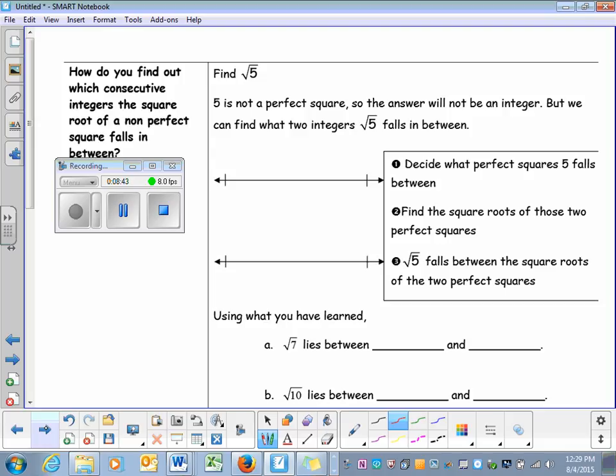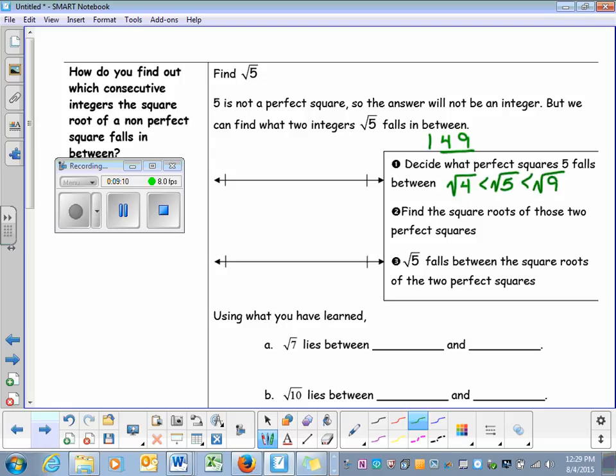Square root of 5. Okay, so we're trying to decide which two perfect squares 5 falls between. And I like to write my perfect squares down. So 1, 2 times 2 is 4, 3 times 3 is 9. Okay, right there. So the square root of 4 is smaller than the square root of 5, which is smaller than the square root of 9.